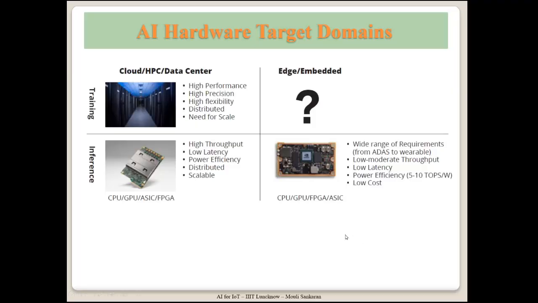Now let me explain a little more about AI in cloud. You know that there are a training phase and an inference phase. We train the network and then we use it for inferencing. You know that training is highly compute intensive and takes more time to train the network. Inference is real time.